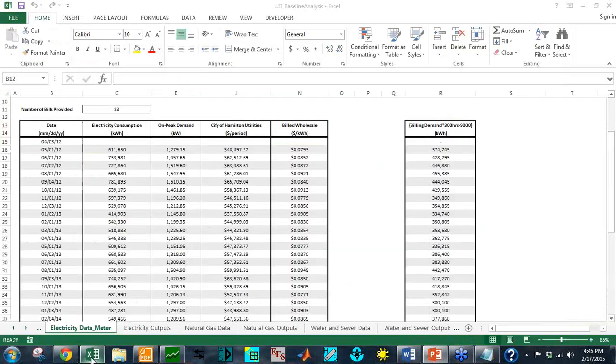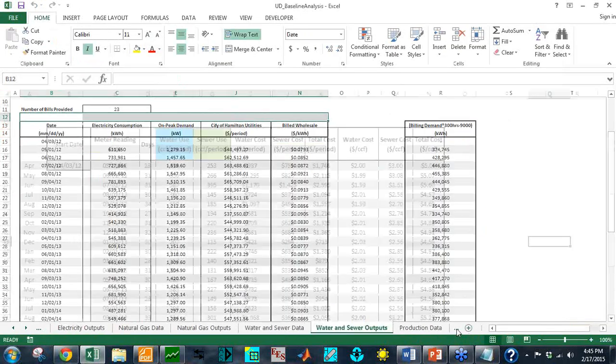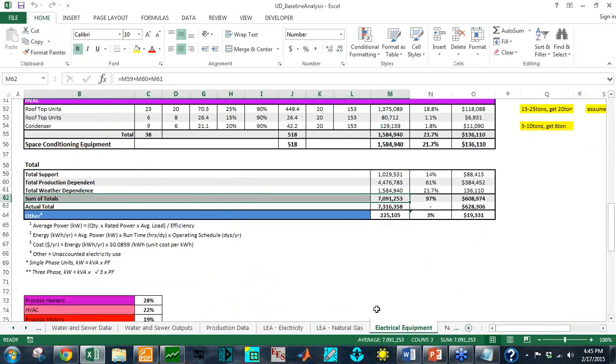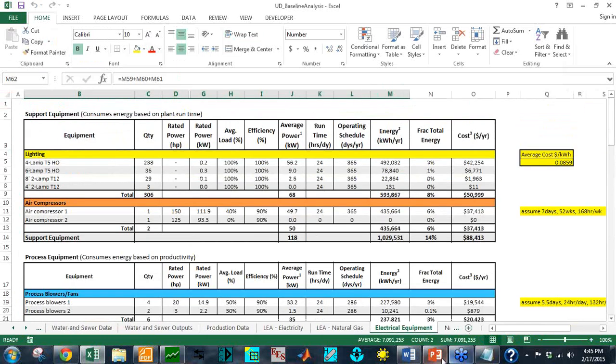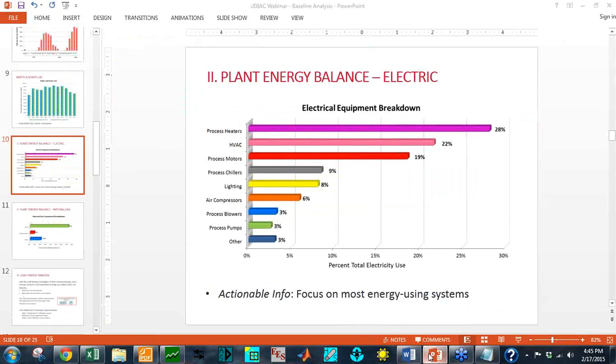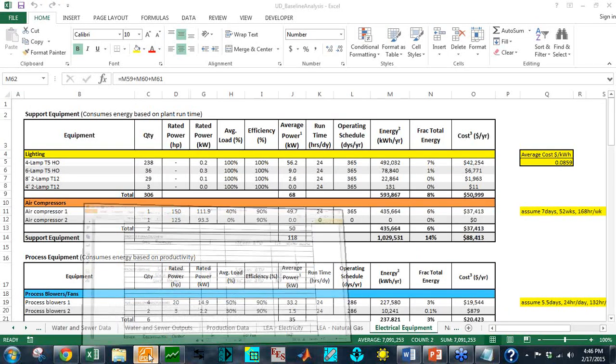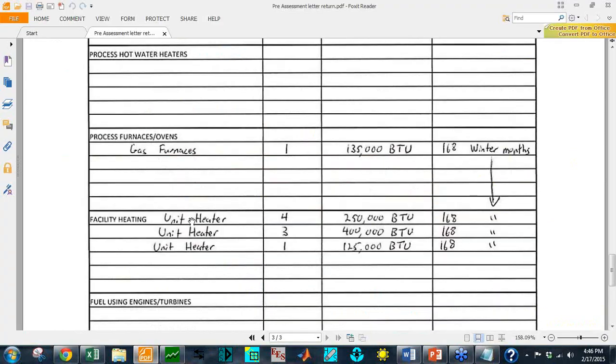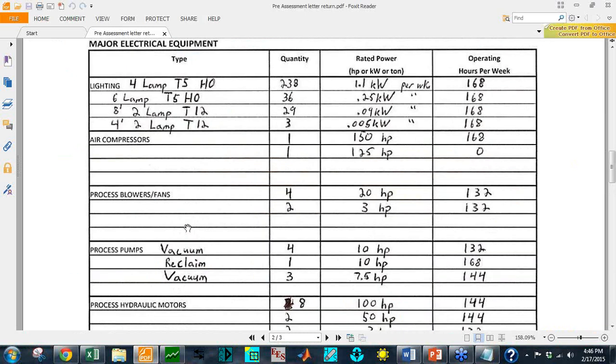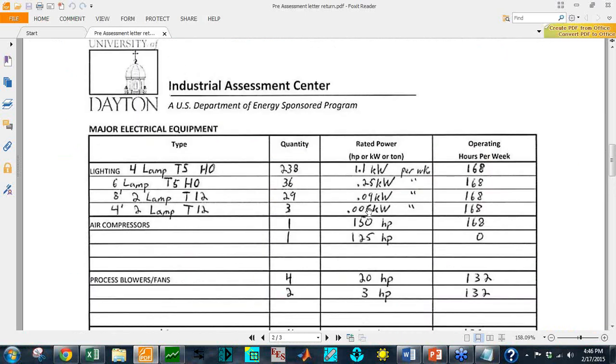All right, sure. So we looked at that. If you remember, I showed the list that the facility gives us. So they tell us what they have, how much they have. They give us the rated power if they have it, and then operating hours per week.